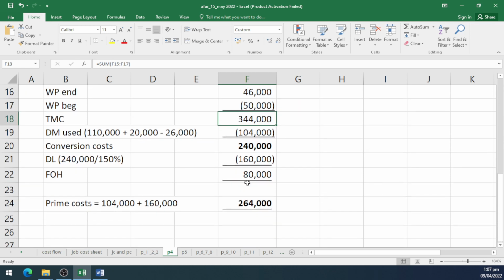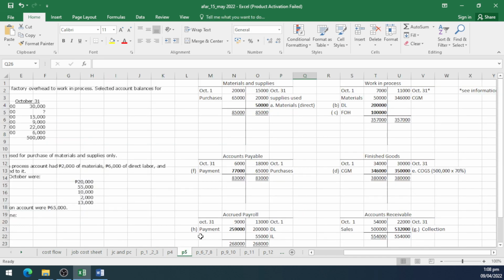So, the 240,000 is the combined 100% na DL and overhead na 50% ng DL. Total 150% yan, yung 240. Kaya 240 over 1.5, yan yung DL 160 and the applied overhead is 80. So, our prime cost is 104,000 plus 160 na DL, that's 264,000. Okay? Yan.